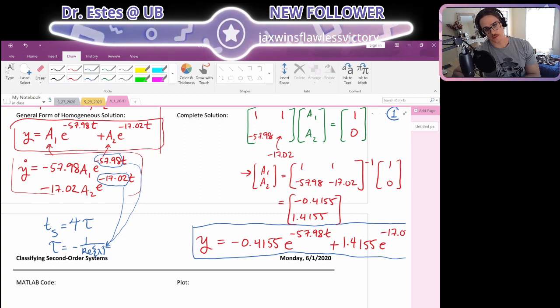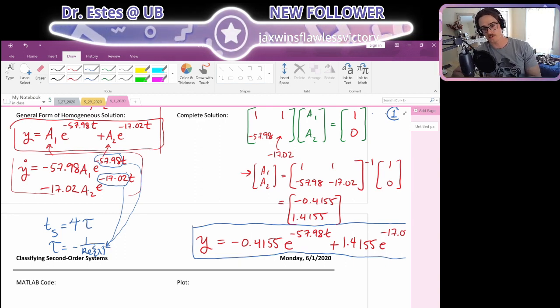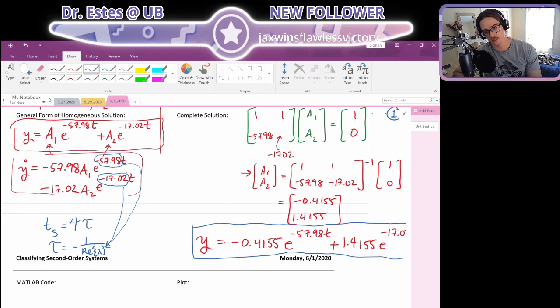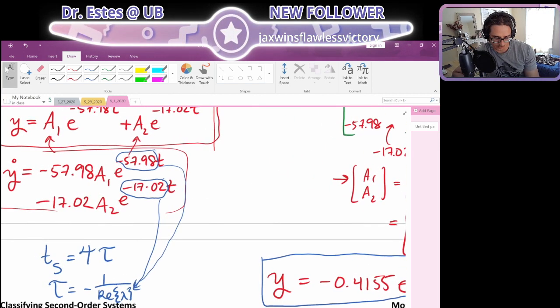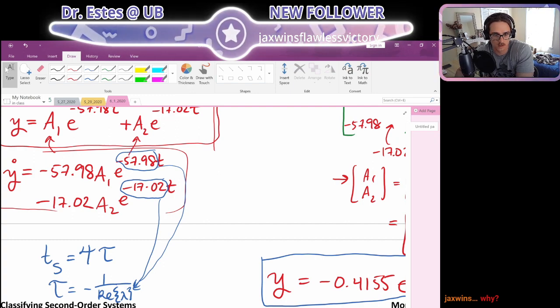So the rule of thumb, when you're talking about the settling time of a system that has potentially many roots, you choose the root that gives the slowest settling time. So my question for the audience is, if one of my roots is minus 57.98 and the other root is minus 17, which root gives the slowest settling time?